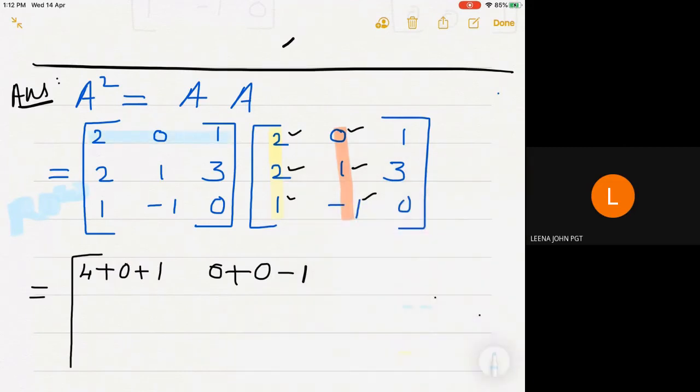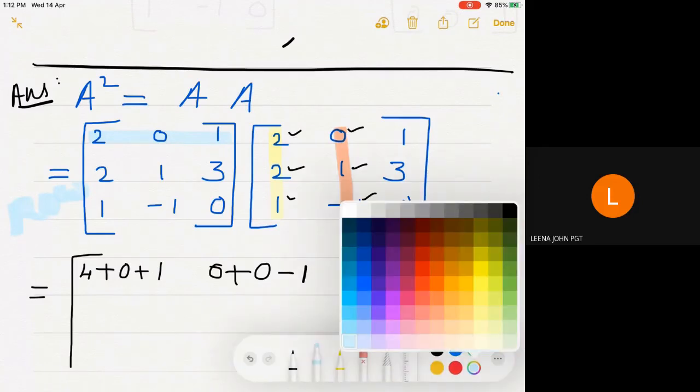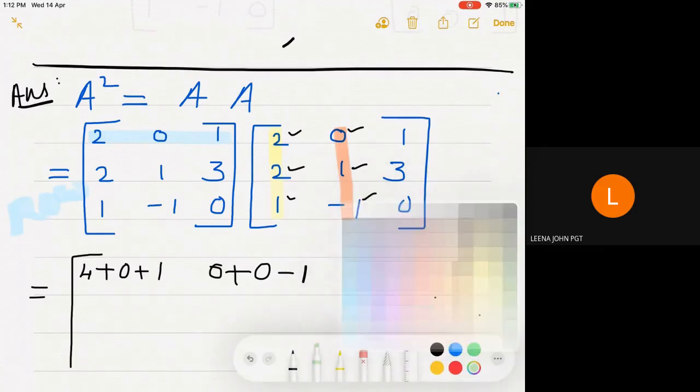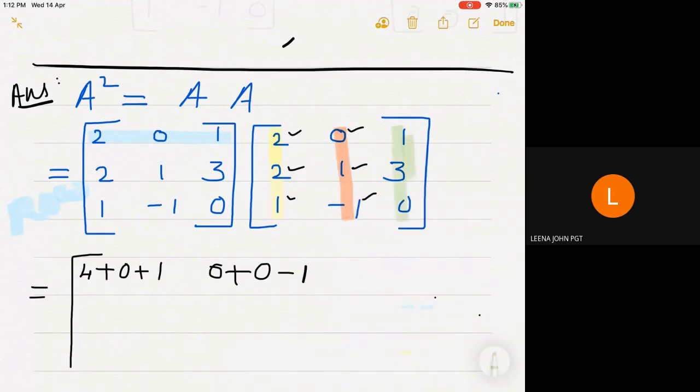Again, the first row with the third column. So that is 2 into 1, that is 2, plus 0 into 3, it is 0, plus 1 into 0.